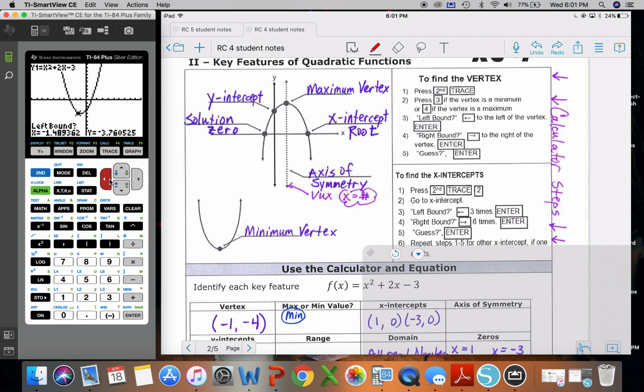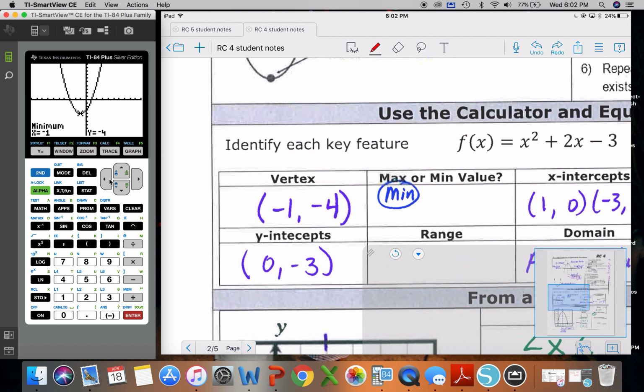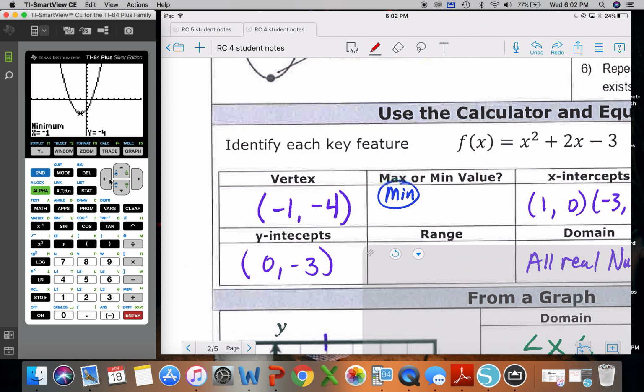I slide to the left, enter, go back to what I want, slide to the right, enter, enter, and my vertex is -1, -4. That's already been written for us. I have a minimum, and the value of the minimum is -4. -4 is the y value from my vertex.